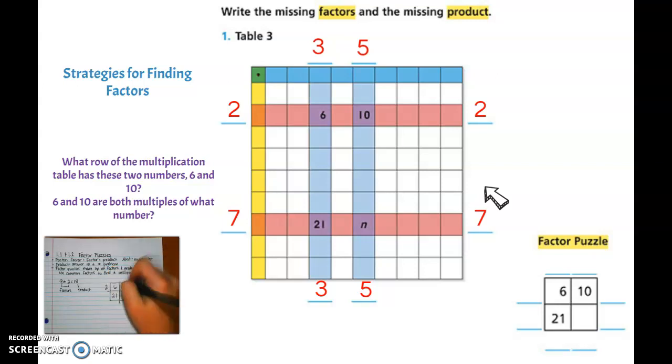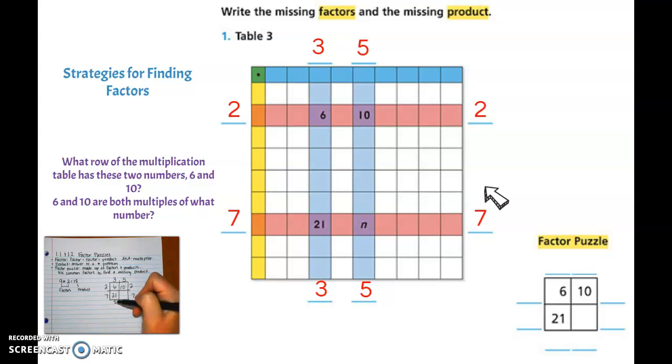Well, 2 goes into both of those numbers. Then we can think, 2 times what gives me 6? Well, that's 3. Is 21 divisible by 3? Yes, it is. That would be 7. So I'm checking, 7 times 3 gives me 21. Yep. 10 divided by 2 gives me 5.